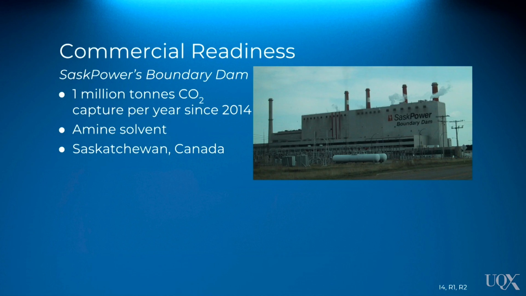There are two well-known commercial scale examples of successful application of PCC technology. The Boundary Dam PCC project has been operating at 1 million tonne CO2 capture scale since 2014, using an amine solvent process to capture CO2 from a coal-fired power plant in Saskatchewan, Canada.